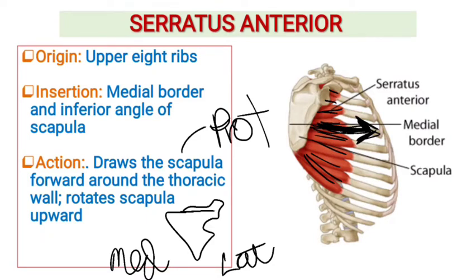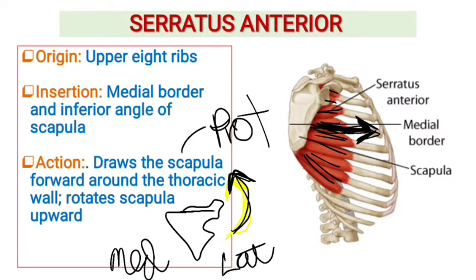So when you say an upward rotation of the scapula, like with your serratus anterior action, this pertains to movement of your glenoid fossa going upward. So if the glenoid fossa moves upward or downward, this movement is considered to be upward rotation or downward rotation of your scapula. So when talking again about rotations of the scapula, this is always with reference to the movement of the glenoid fossa. Wherever the glenoid fossa points, if upward, that is upward rotation. If downward, that is downward rotation.